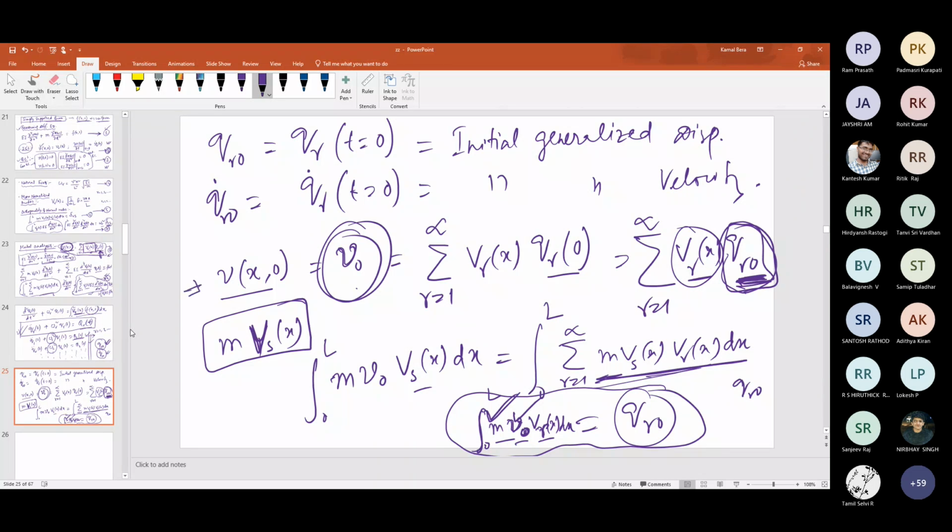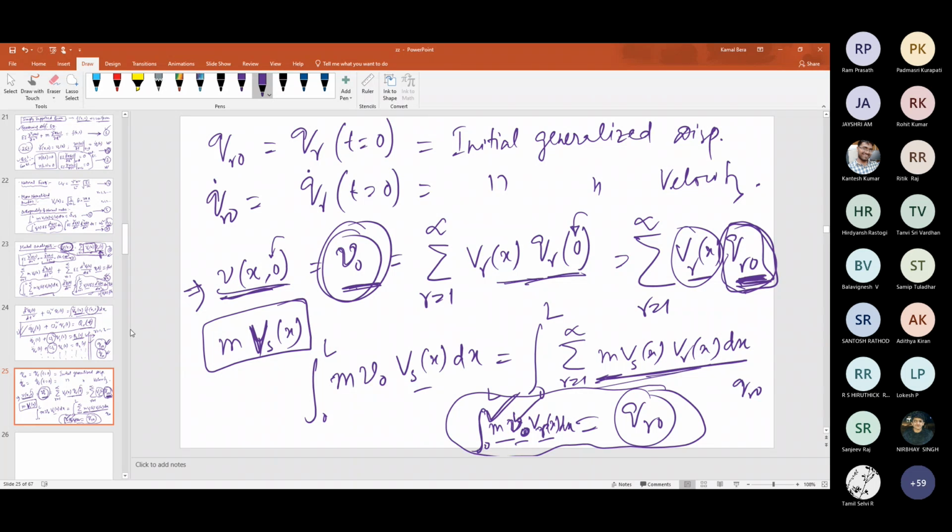So this I am writing, basically the superposition that I assumed, right? What I have assumed: V(x,t) equals summation r equal to 1 to infinity V_r(x) into Q_r(t), right? So at time t equal to 0, this can be written as this, and I told that this is nothing but v0.